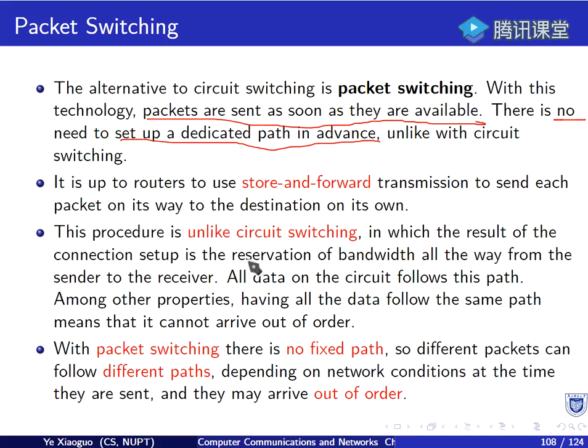With packet switching, there is no fixed path, so different packets can follow different paths depending on network conditions at the time they are sent. So in circuit switching, packets arrive in order, while in packet switching, the packets may arrive out of order.